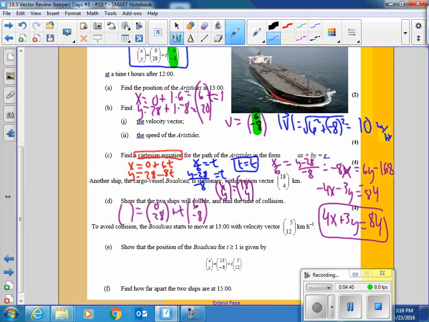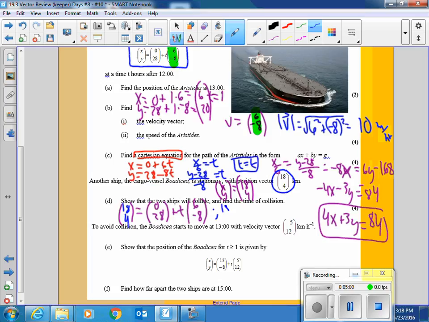And since they collide, it's going to run into (18, 4). That is the position that it's stationary at. So we want to show that the x collision is the same time as the y collision.